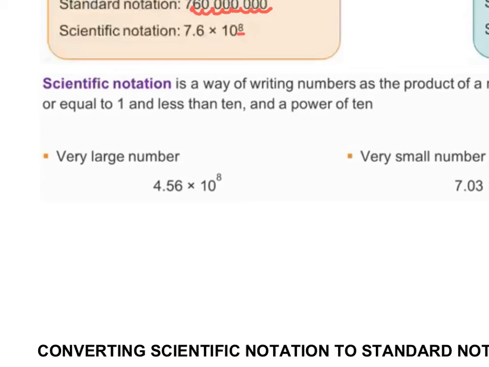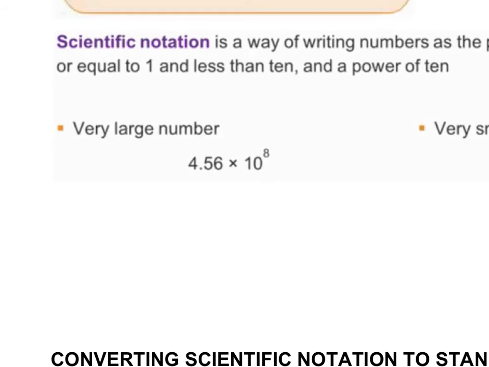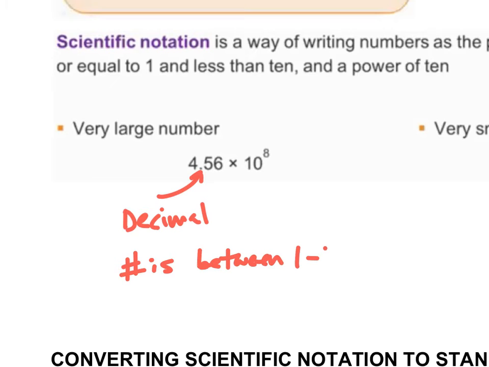Let's take a look at scientific notation. It says it's a way of writing numbers as the product of a number greater than or equal to 1 and less than 10 and a power of 10. Notice where my decimal place is. It has one unit to the left, so my decimal goes here, and this number is between 1 and 10.